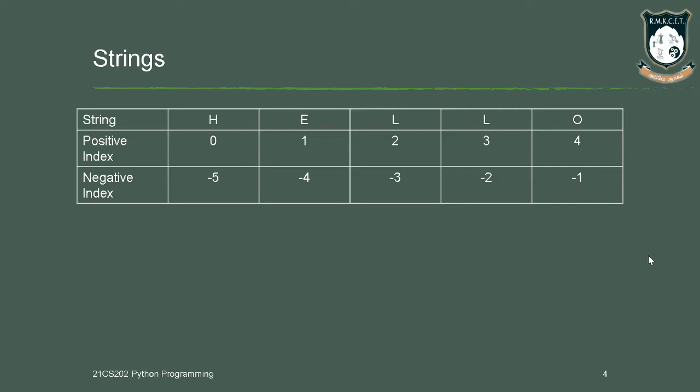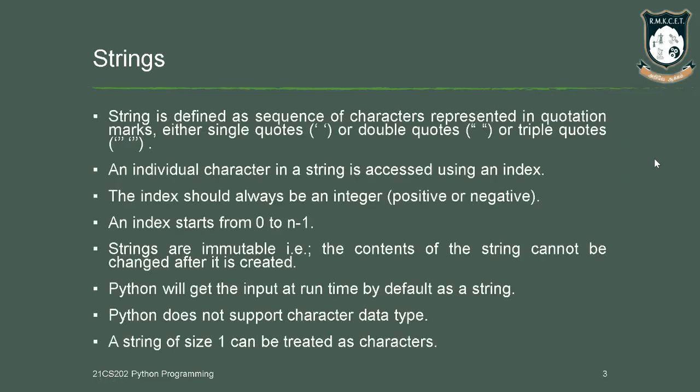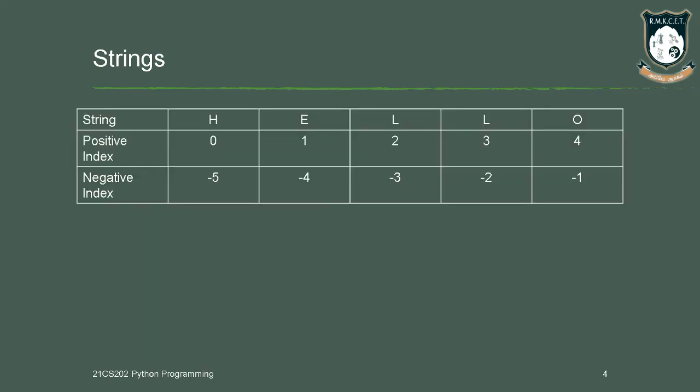In positive indexing, the indexing starts from 0. The first letter is at index 0, the second letter is at index 1, the third letter at index 2, the fourth at index 3, and the last letter at index 4. As told earlier, indexing will be from 0 to n minus 1, that is 0 to 4.